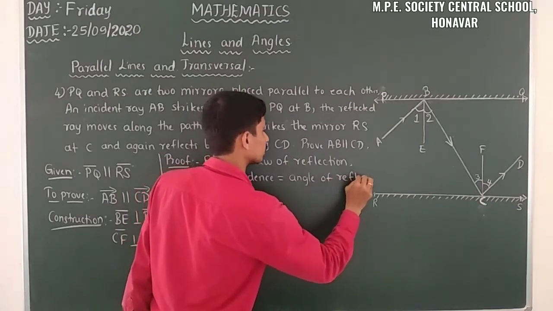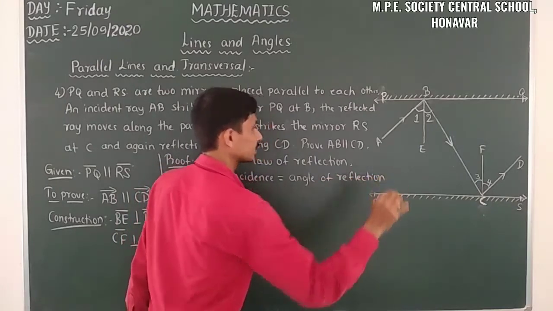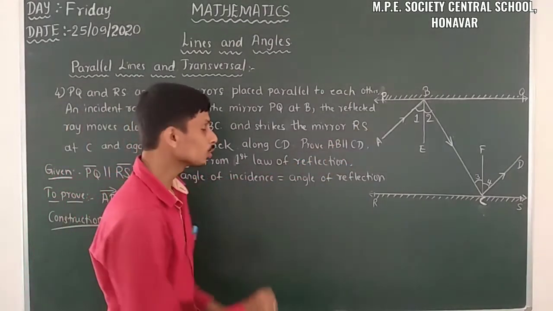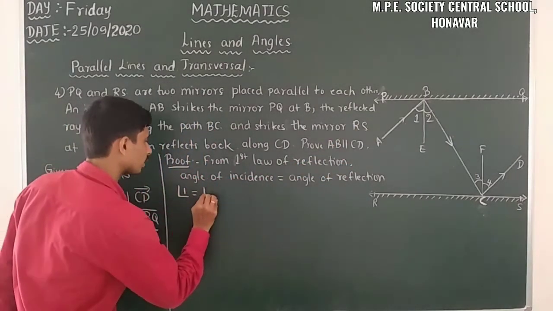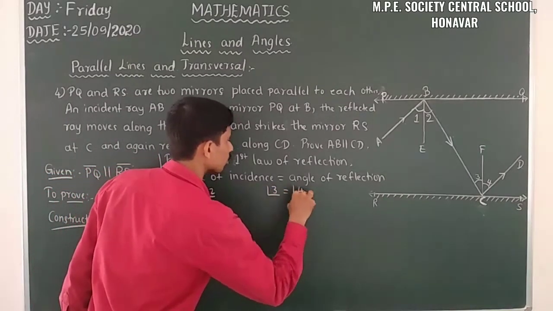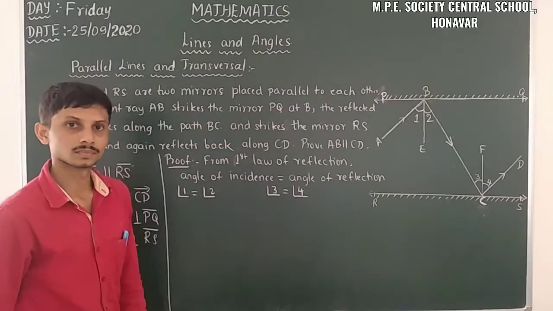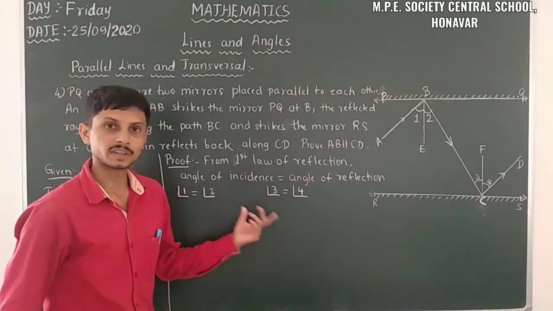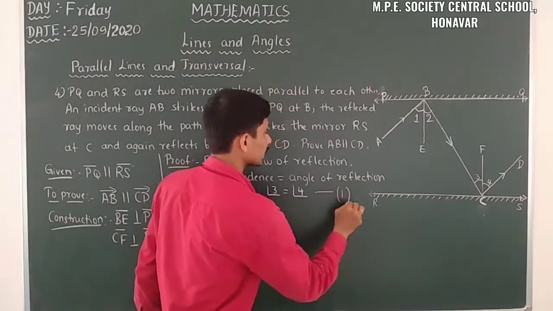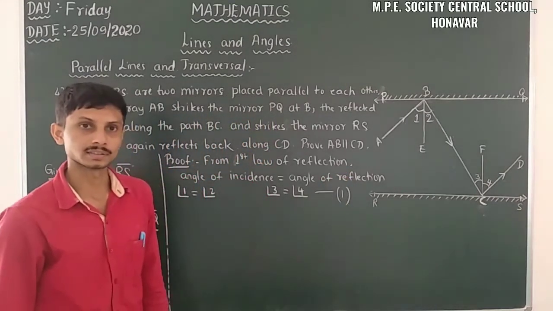Then what are the angles here? Angle 1 is equal to angle 2 and angle 3 is equal to angle 4. I will take this as equation number 1.